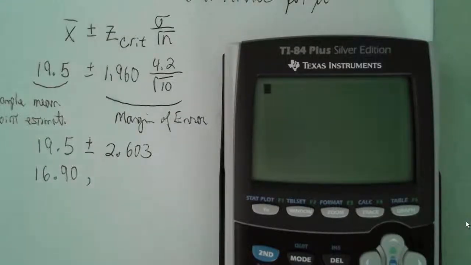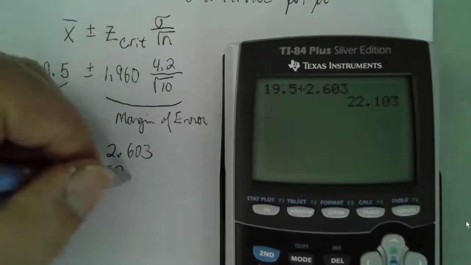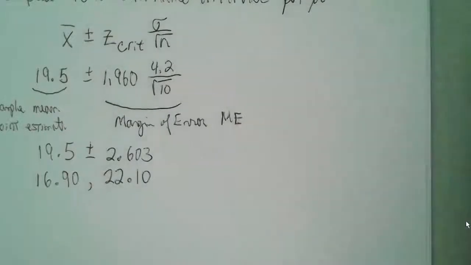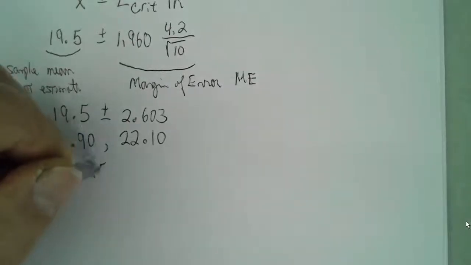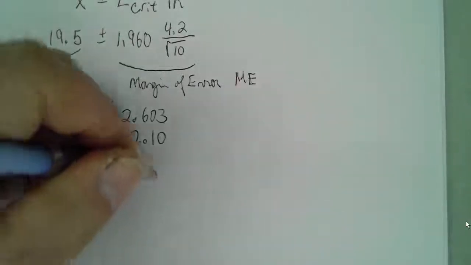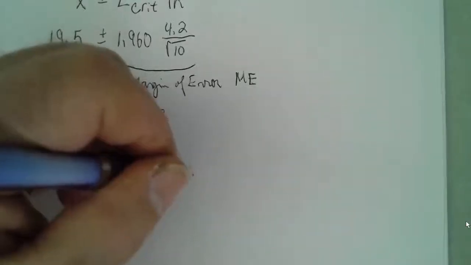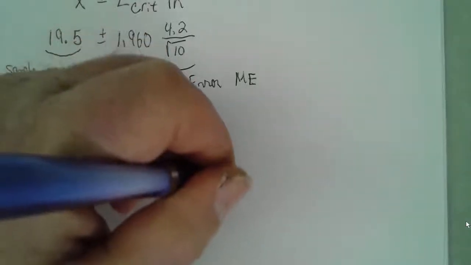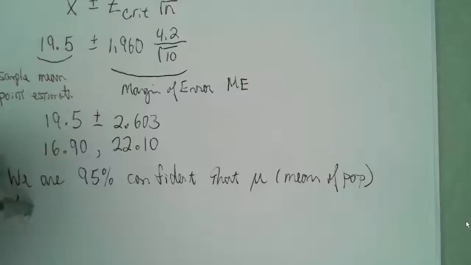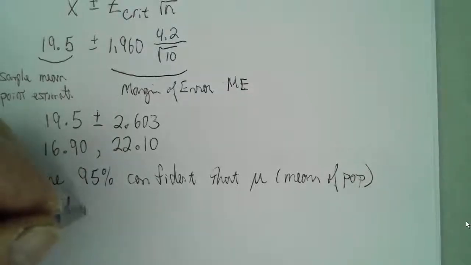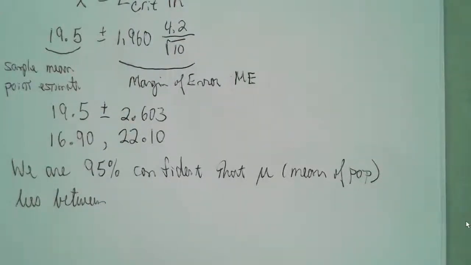And for our upper value, we'll take 19.5 and add 2.603, and that's going to give us 22.10. So what we're saying is we are 95% confident that mu, that's the mean of the whole population, lies between 16.9 and 22.10.